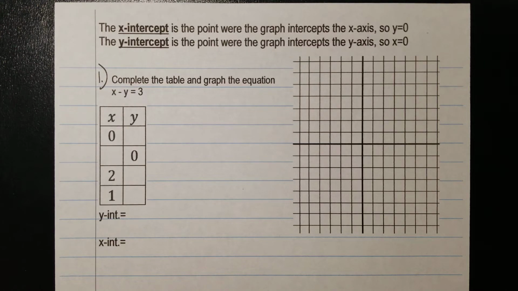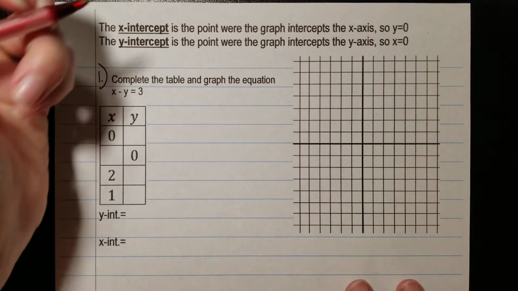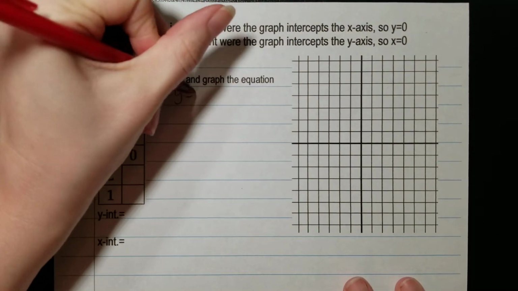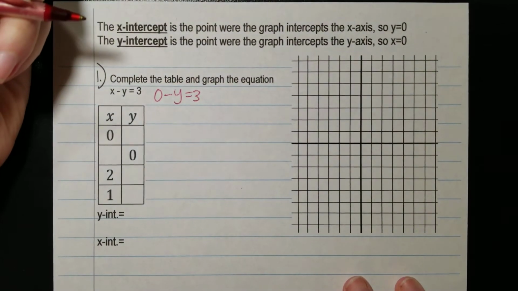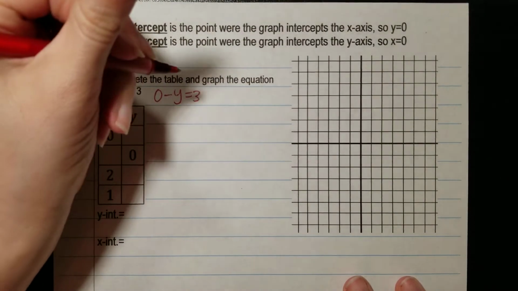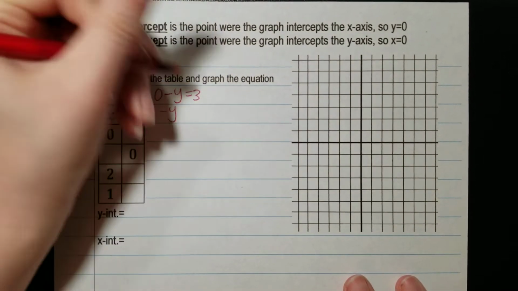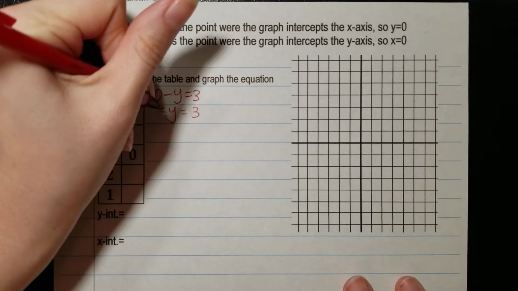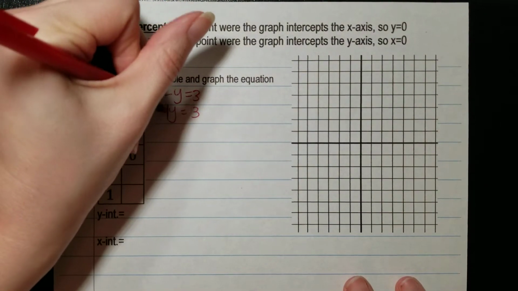So they've given us 0 for an x value, so we would need to plug that into the equation and figure out when x is 0, what is y equal to. So that would be 0 minus y equals 3. So that would be negative y equals 3. So negative y is the same thing as saying negative 1 times y.